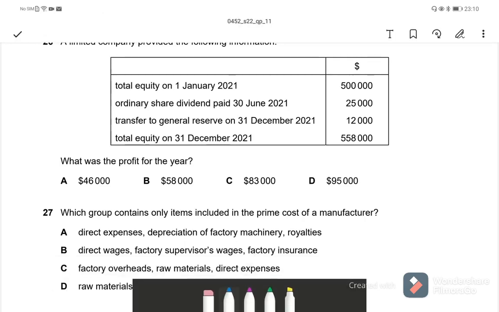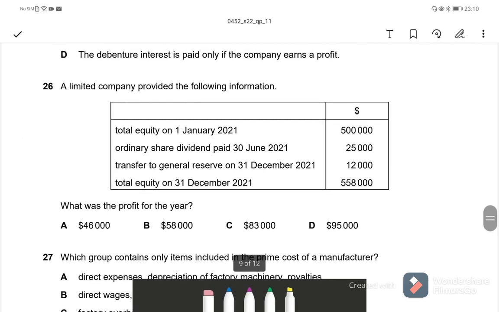Question number 26. A limited company provided the following information: total equity on 1st January and total equity on 31st December.